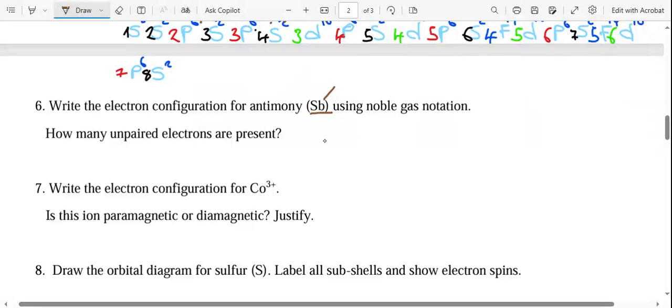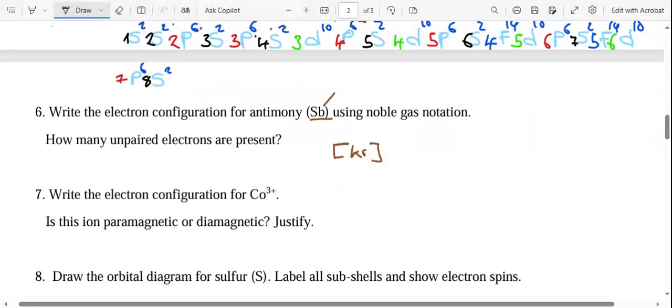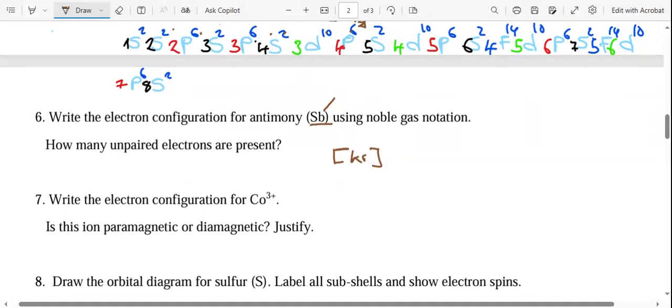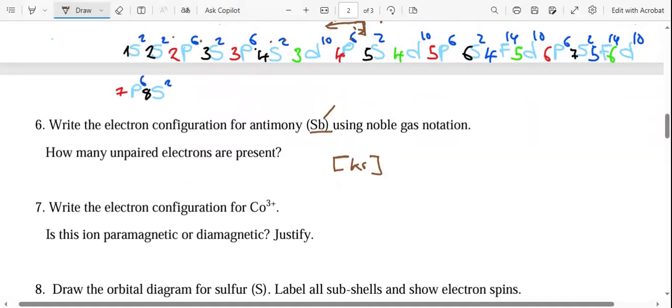So what you do is you write krypton there, okay, then you have the remaining. Krypton, like I said, ends here. Let me show you. Krypton ends here. So the 5s and the rest are going there with the remaining electrons.